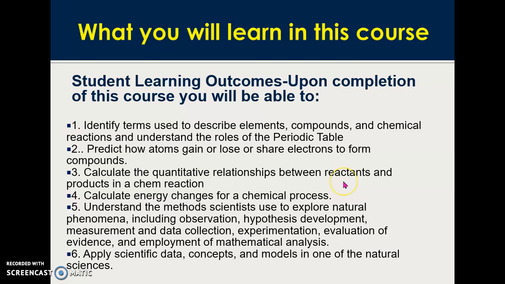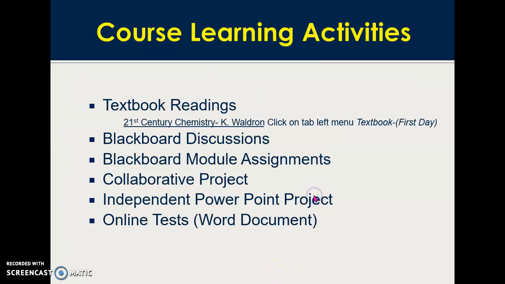You want to be able to predict how atoms gain and lose and share electrons to form compounds. You want to explore some of the quantitative relationships, calculate energy changes for chemical processes, and we want to understand the methods that scientists use.